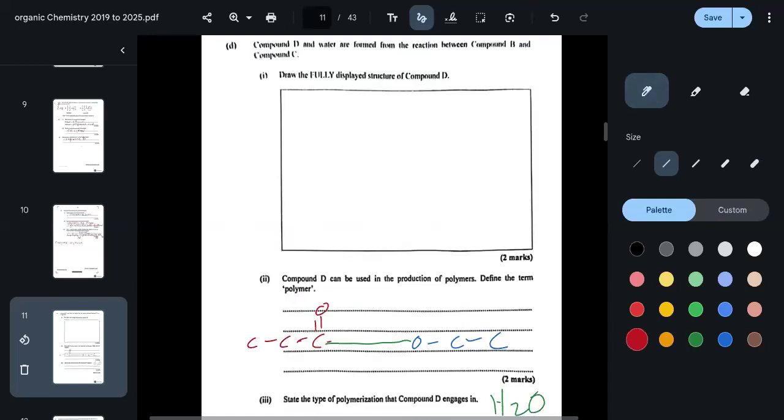So the 3 carbons, that's for the acid. Keep the double bond O. Remember, all we took from the acid was the OH. So we took OH from the acid and H from the alcohol. So you're going to draw a line, and then you draw the oxygen that remains from the alcohol. And then everything else stays as is.